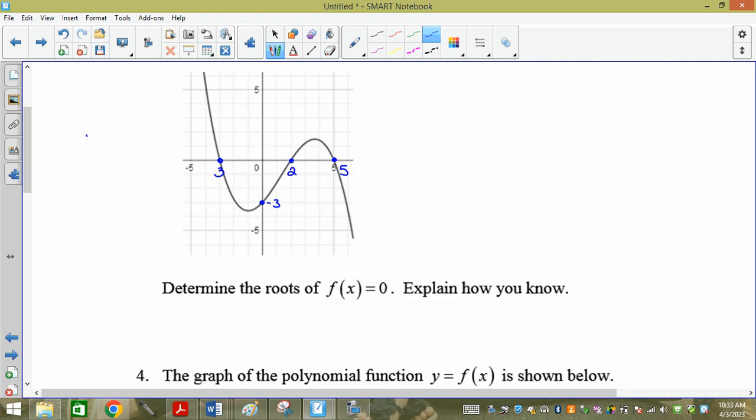I want the equation. Remember, you do y equals a and then your factors, and then you solve for a every single time. It doesn't matter what form I ask for it. That's the only way you get an equation of a polynomial.